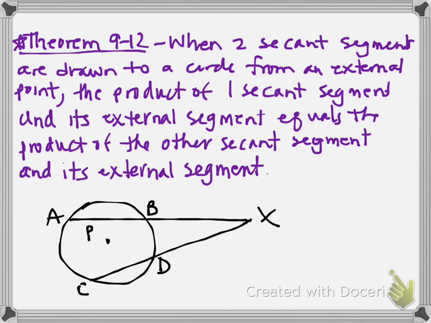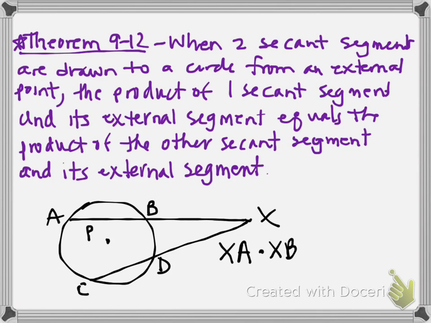So what it says is that the product of one secant segment, so that one secant segment goes from the outside all the way across, so that would be XA, we're going to multiply by the external segment of that secant. That's the part that's outside the circle, so that would be XB.